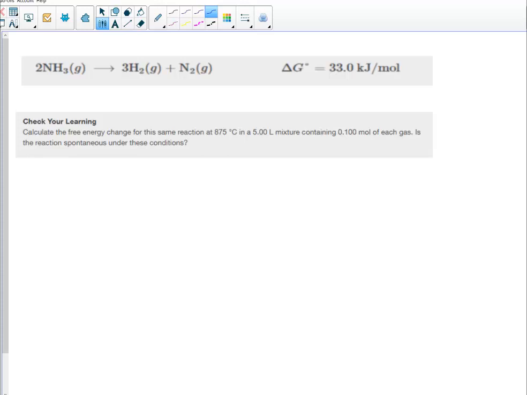All right, let's see what we have. The reaction quotient this time is going to be in concentration units, isn't it? Because I'm given moles of gas per liter of solution. Remember that molarity is defined as the number of moles of solute per liter of solution.